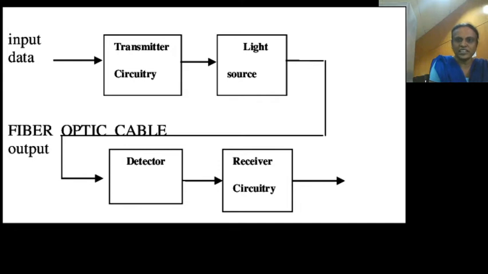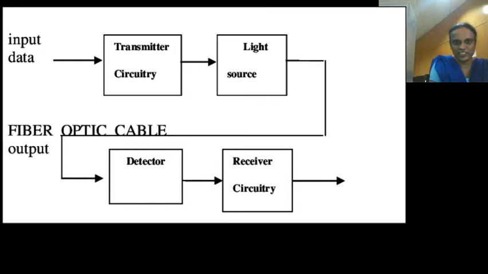No doubt, in between, in case there is any degradation or any loss or any change in those pulses, that would be detected in the fiber optic cable and it would be enhanced. And finally, at the receiver circuit, whatever is the transmitted pulse, the same pulse should be received at the receiver.